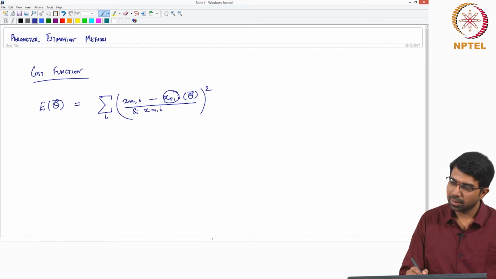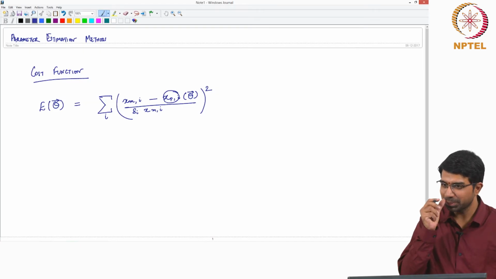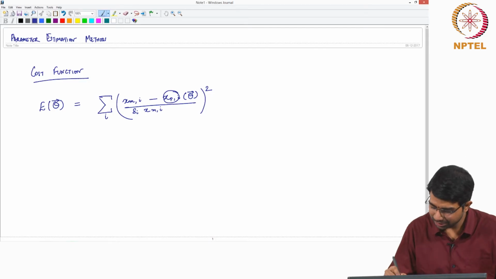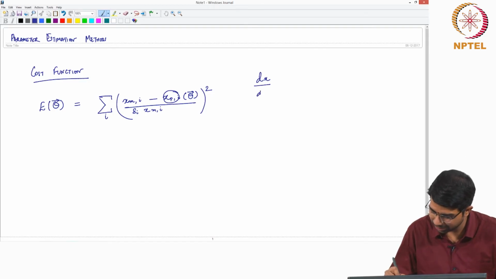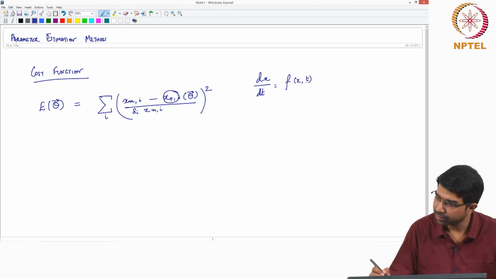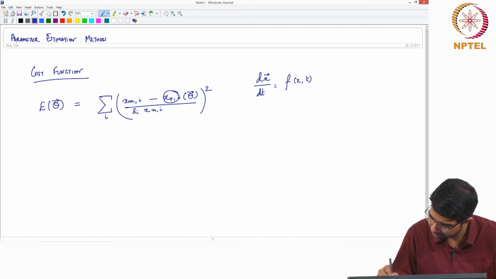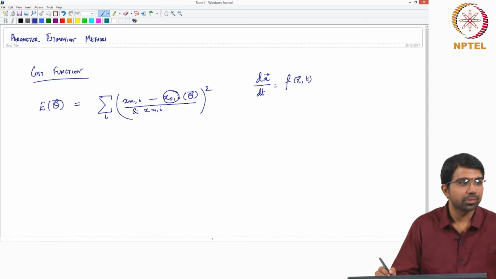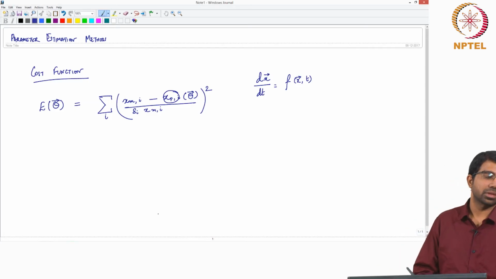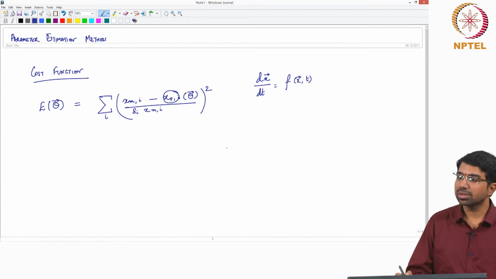We have a model. What is the form of the model? The differential equation, for example. So, it is going to be dx by dt is f of x comma t, and this involves theta, a parameter.